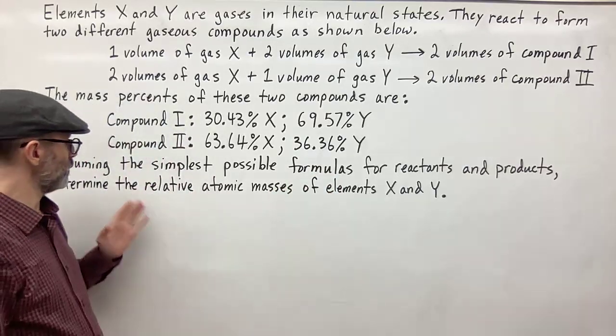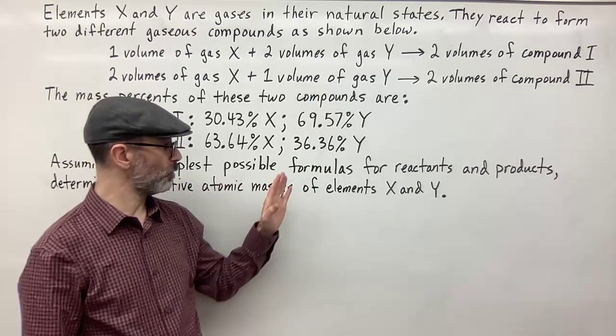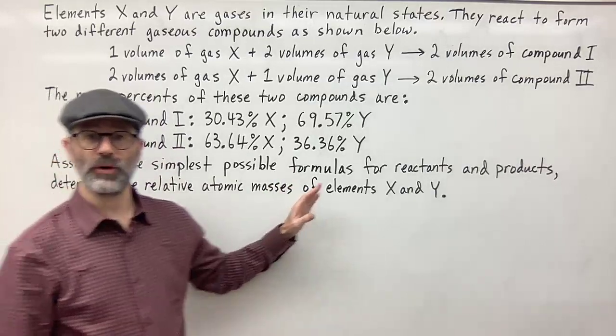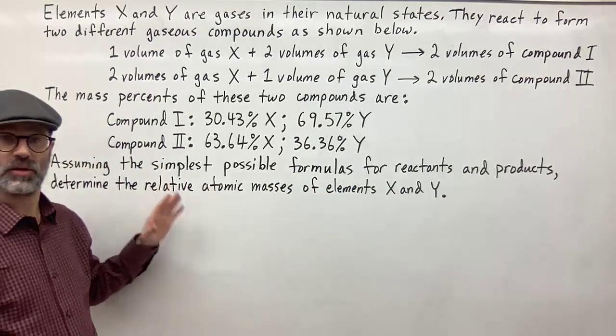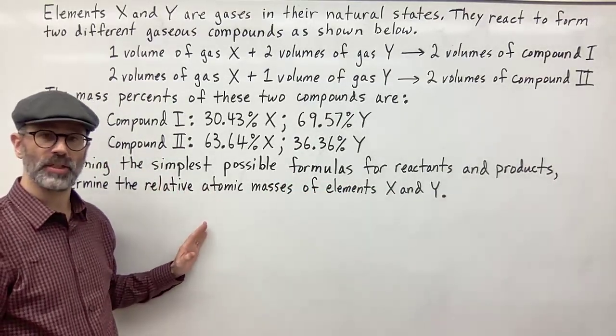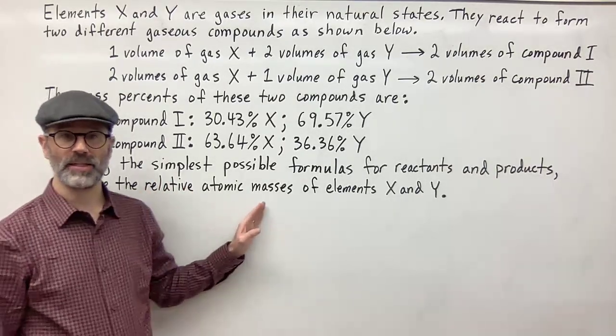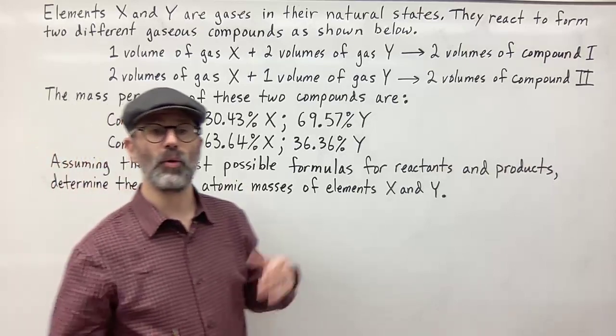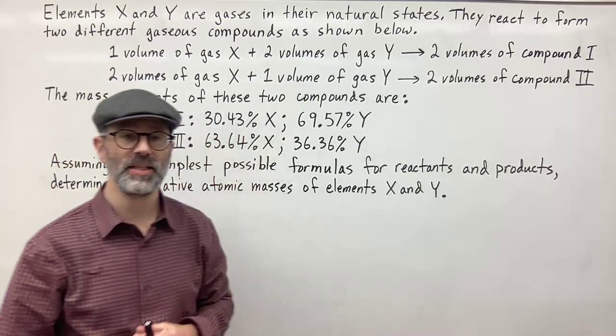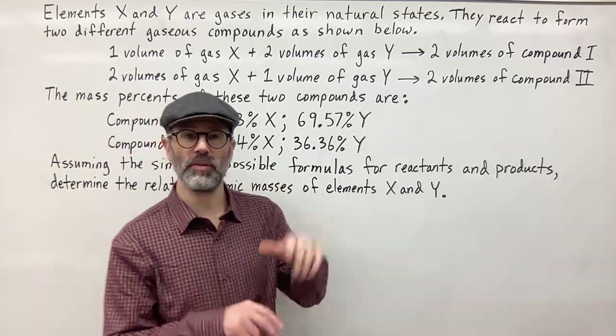So then the question is, assuming the simplest possible formulas for the reactants and product, determine the relative atomic masses of elements X and Y. What does that mean, relative atomic masses? Basically, it's a ratio of the masses.